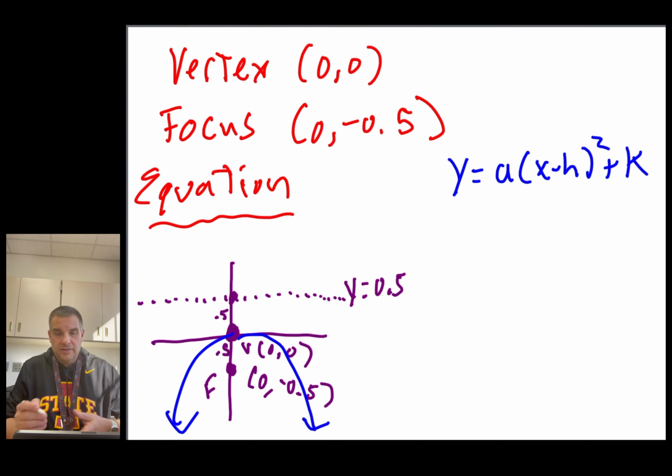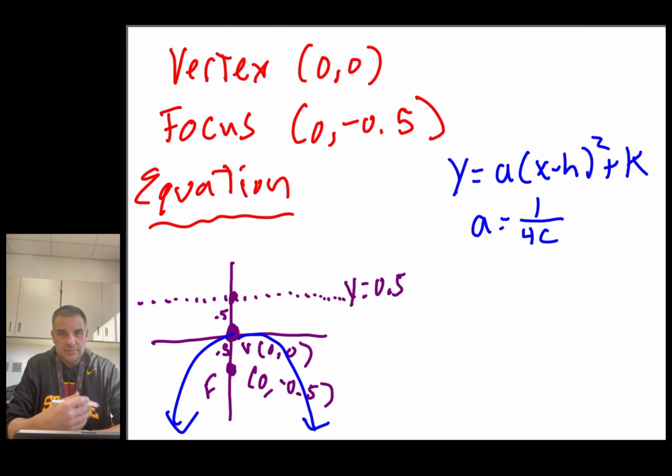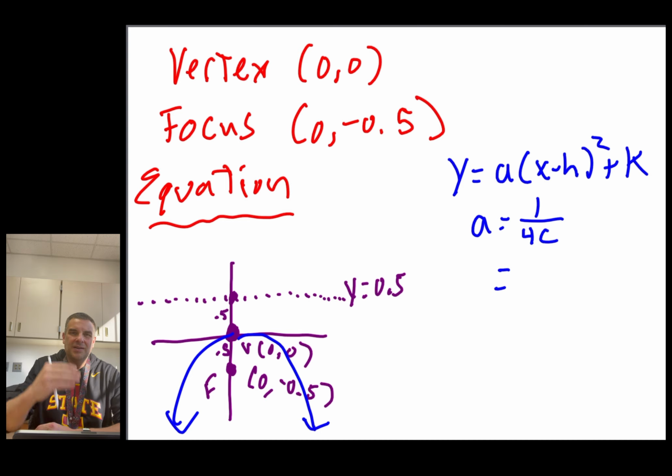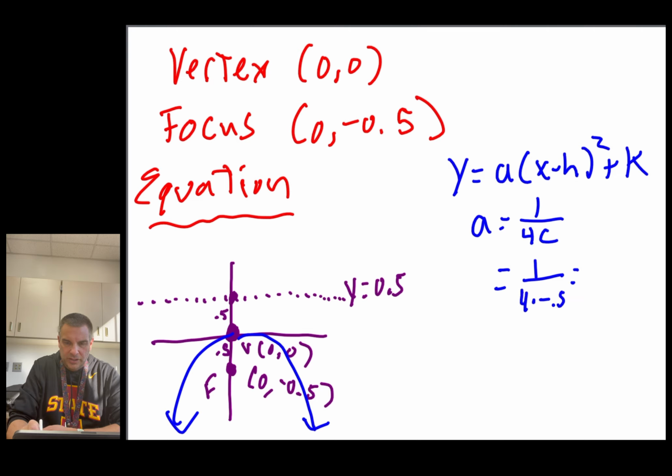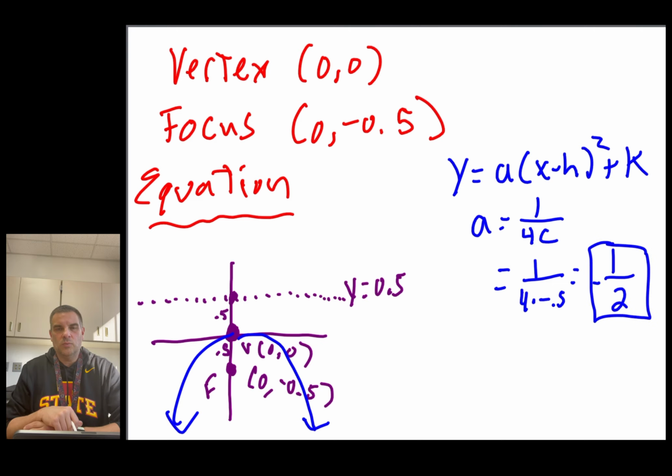We need to find our a value, which is always 1 over 4c. Our c value in this case is 0.5, but it's going down, so it's going to be negative. So we go 1 over 4 times negative 0.5, which is negative 2 in the denominator. So our a value is negative 1/2.